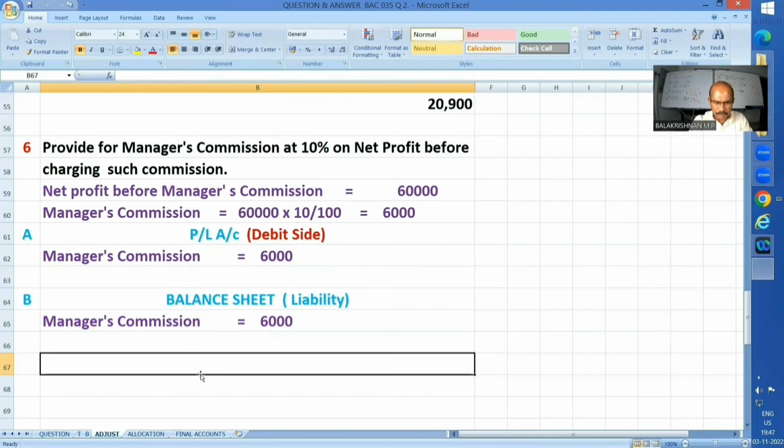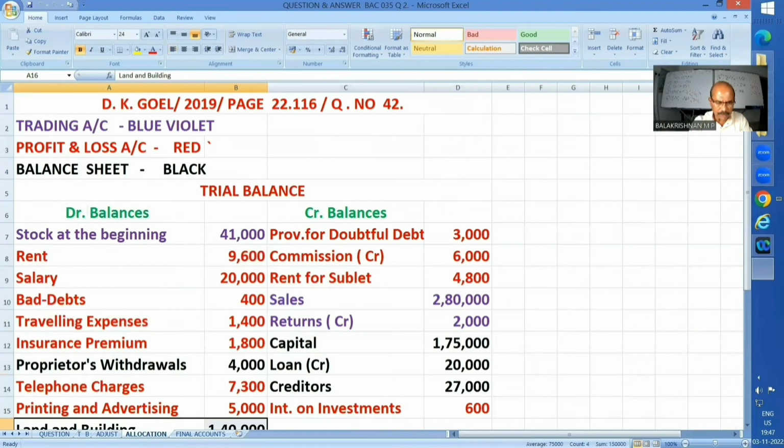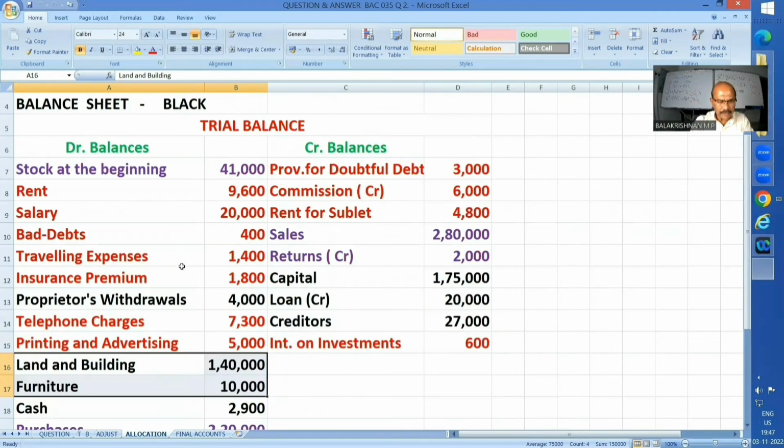Now, the allocation part. Before proceeding to the final accounts, the allocation part, as usual, I'm showing it. All blue and violet items are trading account items, and the remaining items of nominal account nature will be transferred to the profit and loss account.